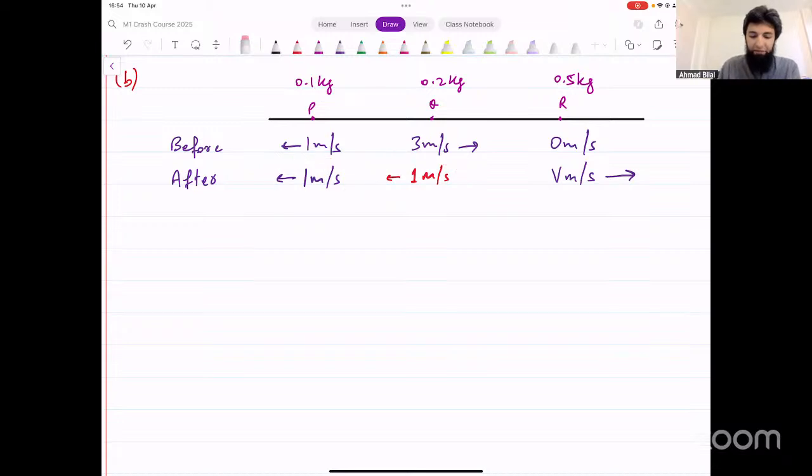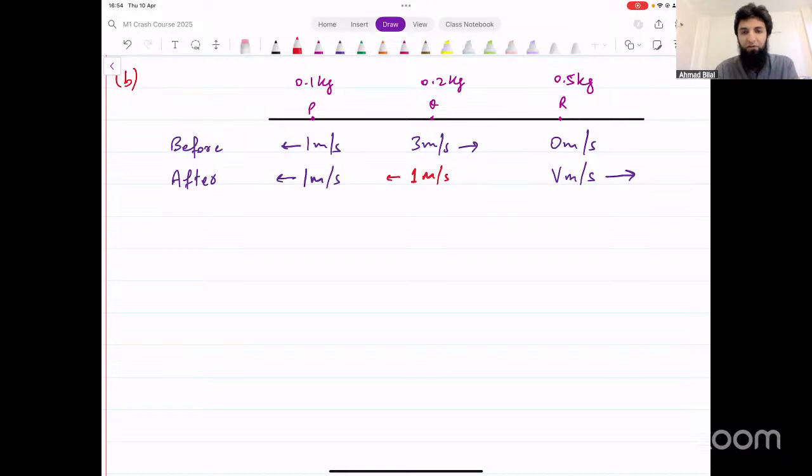But if this velocity was to increase even by a small fraction, there will be another collision between P and Q in that case. So the cutoff point that we have is when Q's velocity is 1 meter per second towards the left side.